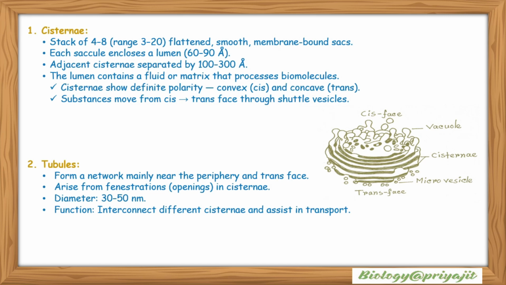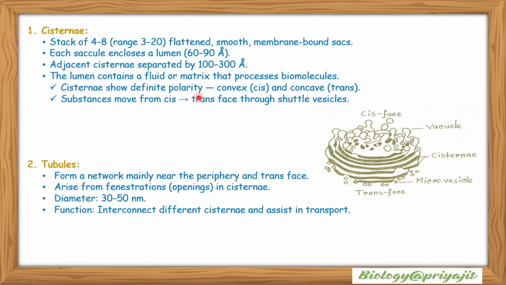Cisternae usually consist of 4 to 8, though it can be 3 to 20, flattened smooth membrane-bound sacs. Each saccule encloses a lumen of 60 to 90 angstrom. Adjacent cisternae are separated by 100 to 300 angstrom. The lumen contains a fluid or matrix that processes biomolecules.